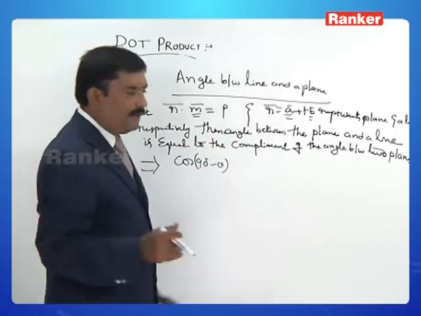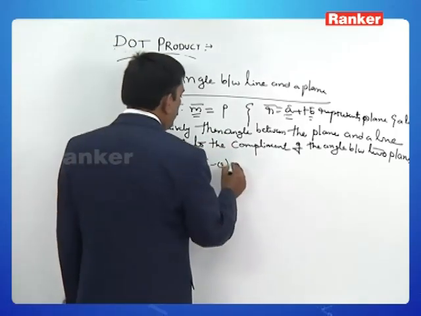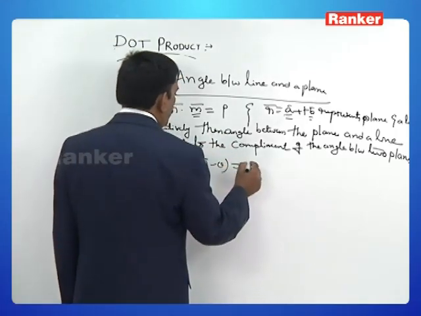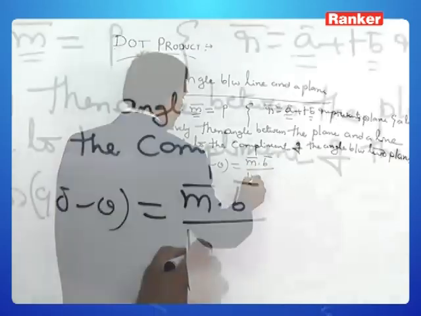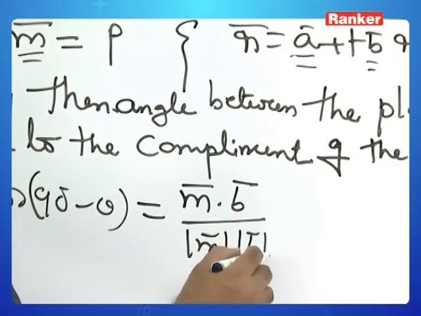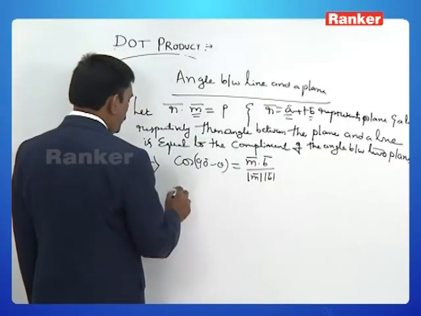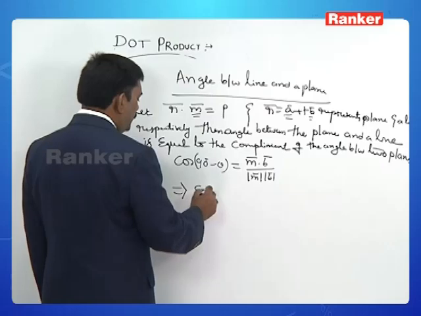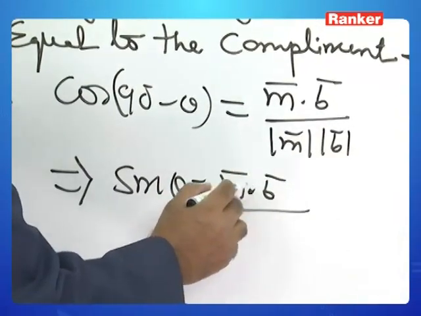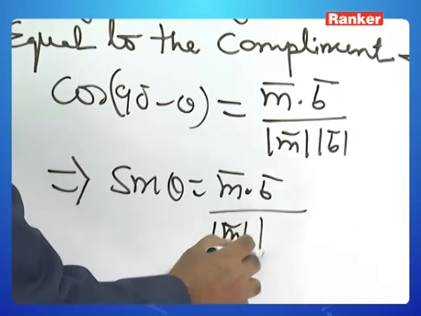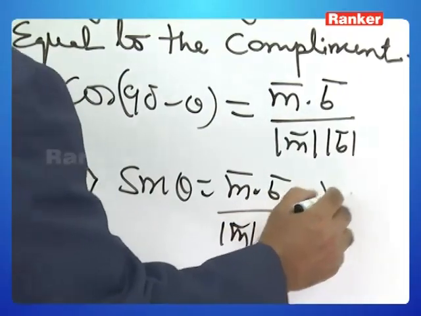So therefore I will write this as cos of 90 minus theta is equal to m bar dot b bar by modulus of m into modulus of b bar, which implies sin theta is equal to m bar dot b bar by modulus of m bar into modulus of b bar.